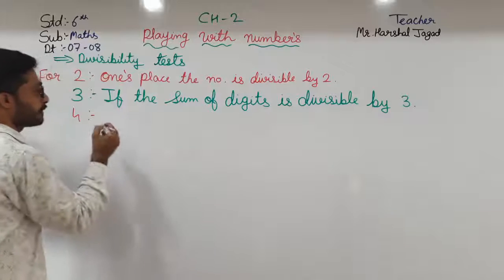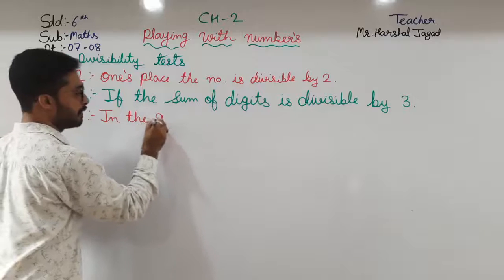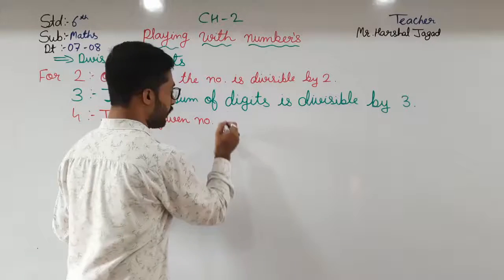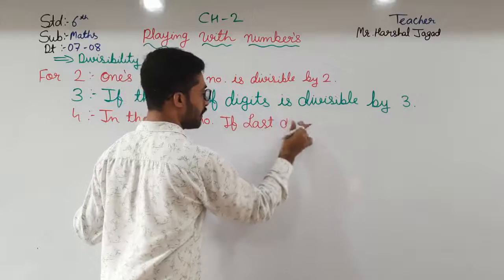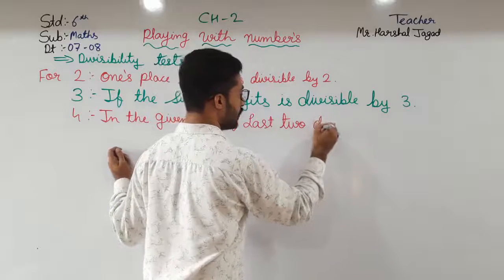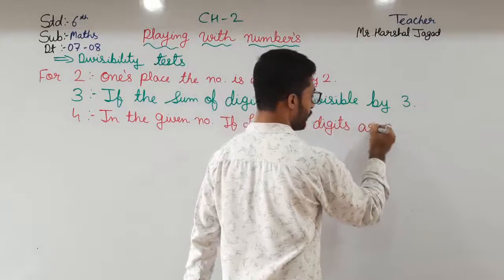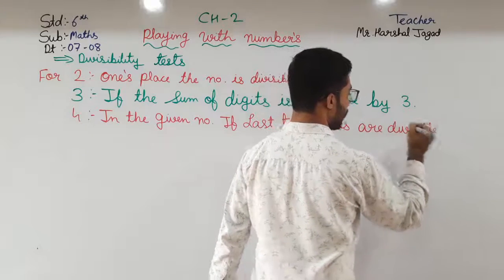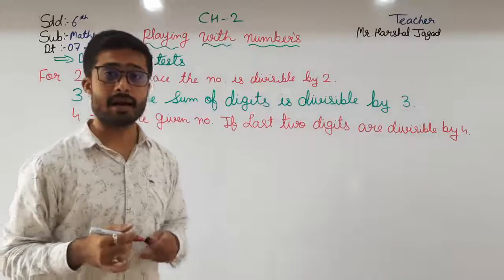In the given number, if the last two digits are divisible by 4, then that number is divisible by 4.